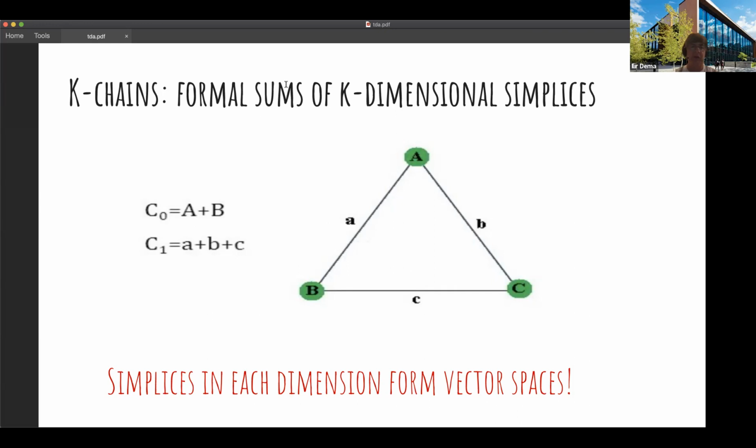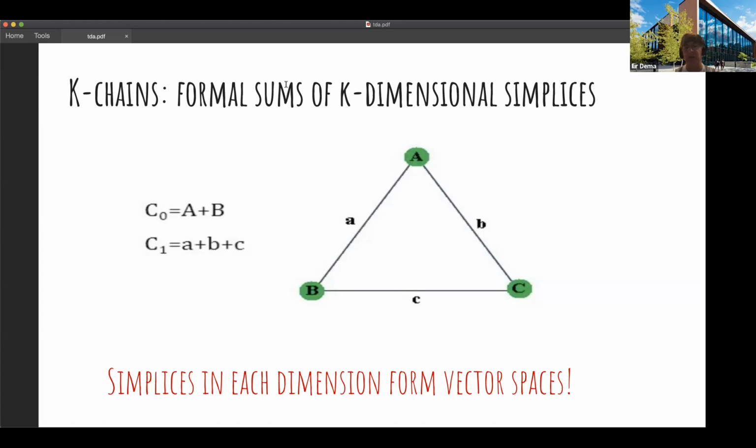For example, C naught is a linear combination of simplices of dimension zero. This is formally called a zero chain. Are there other zero chains? Sure. 2a plus b minus 3c, 9a minus 12b plus 42c, etc.